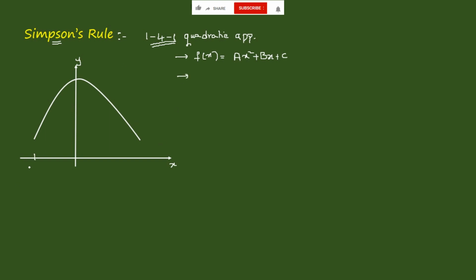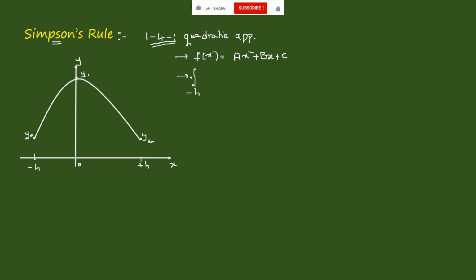Now we have to find the area of it. So we consider this point as minus h, this point as plus h, and this as 0, with the points y0 here, y1 here, and y2 here.